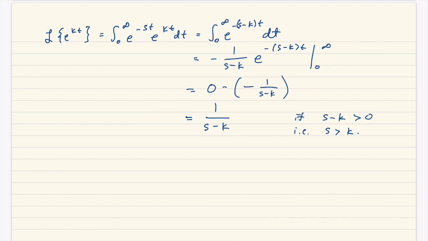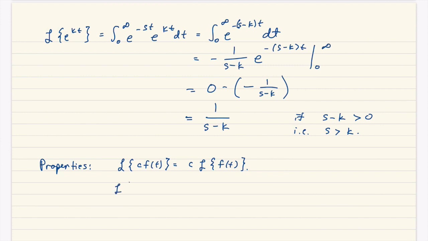Before we do that, we need to talk about some properties of the Laplace transform. The properties that are going to be relevant for us are the following. We've already seen that if you have a constant times the function in the Laplace transform, you can bring the constant out. We've already proved that.